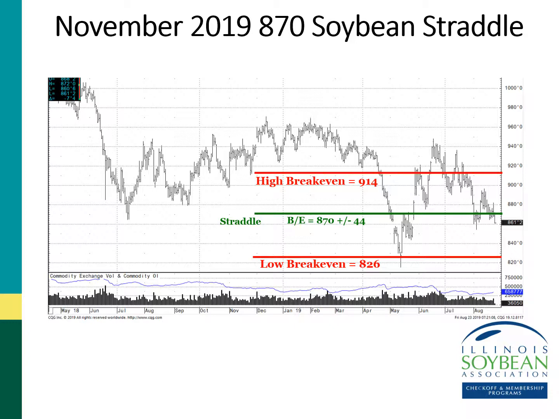Oftentimes we like to get these break evens at or near resistance and support. In light of the downtrend in the soybean market recently, in this example we are clearly not as high on the high break even side as we might like, but the low break even is right near that spike low, actually right at the close of that day at $8.26.